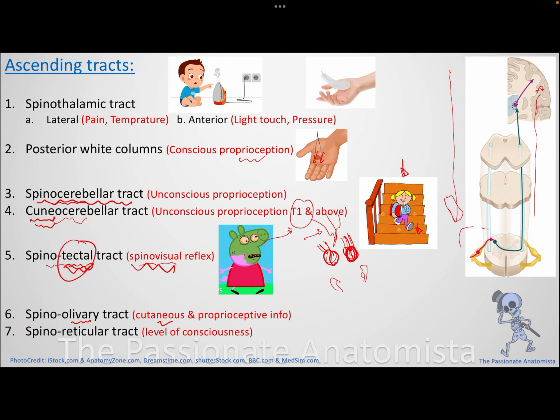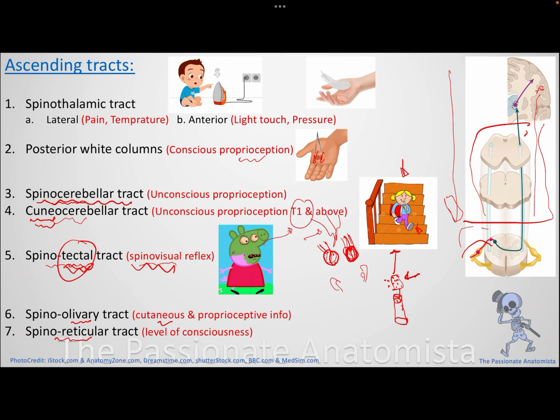And then the spinoreticular tract is when you get the information through the spinal cord, and it stops at the brain stem, at what we call the reticular formation. If this is your spinal cord, everyone knows that we take the information through the spinal cord. We have here the brain stem that we have to pass through to get to the brain, right? In the brain stem, there is a group of nuclei called the reticular formation.